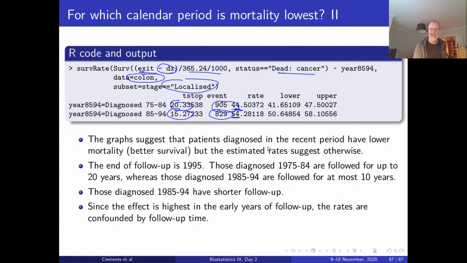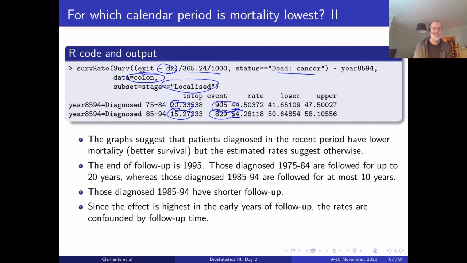This suggests that patients diagnosed in the more recent calendar period have, so the graphs suggest that survival is better in the more recent calendar period, while this suggests that the more recent calendar period has got a higher rate.